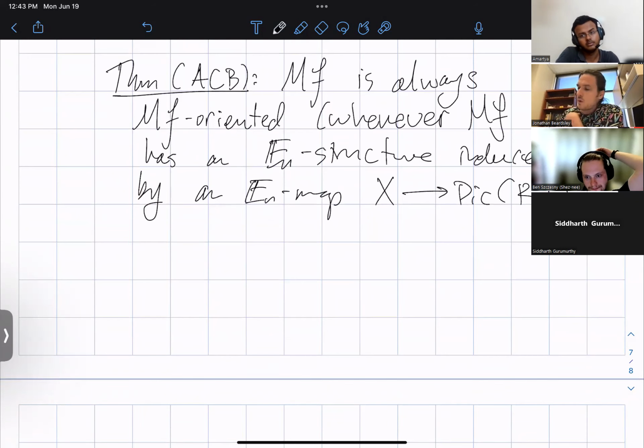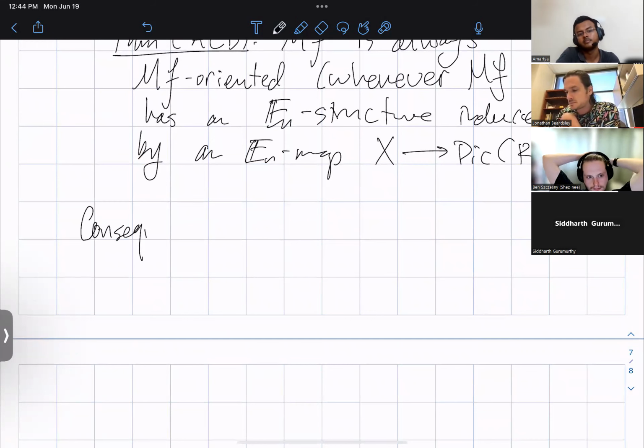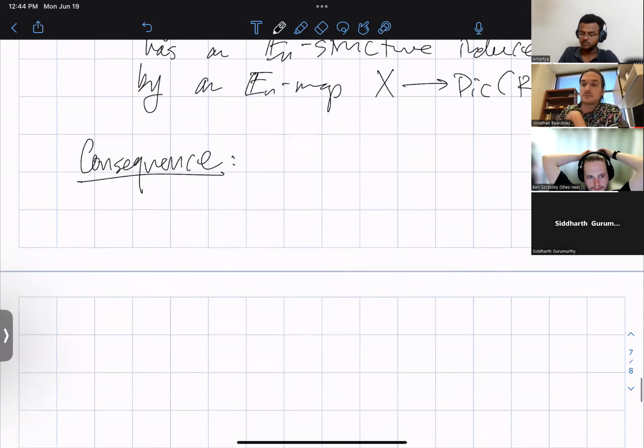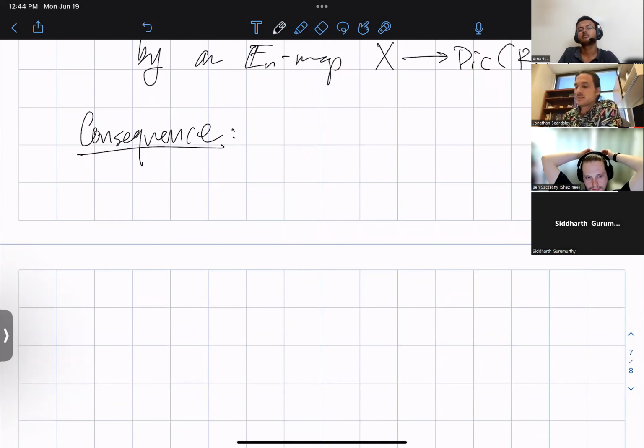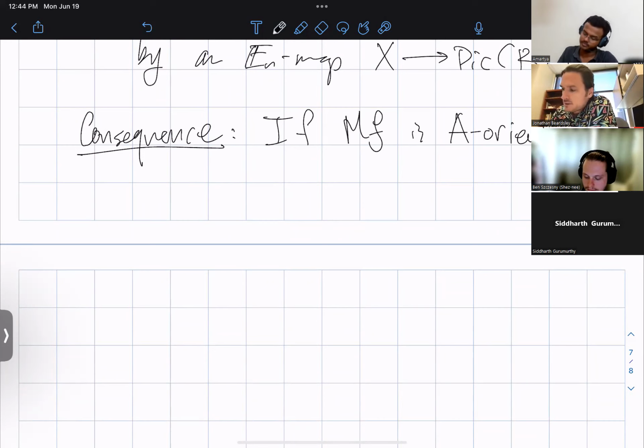So one thing that happens is that you now get the Thom isomorphism. So if Mf is A-oriented, there is a Thom isomorphism.